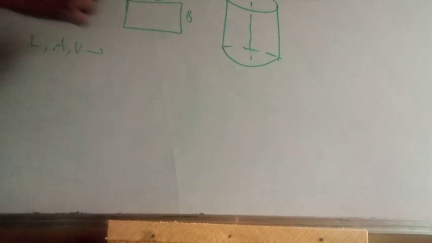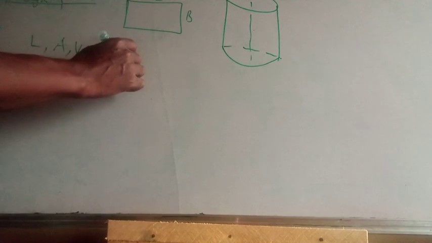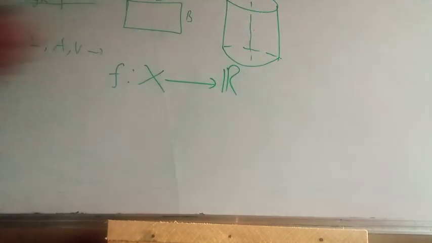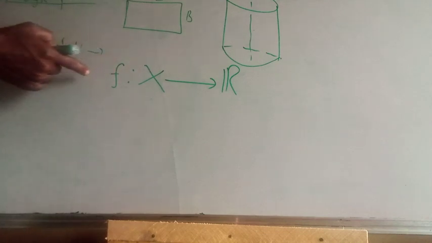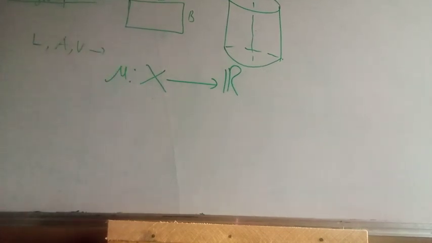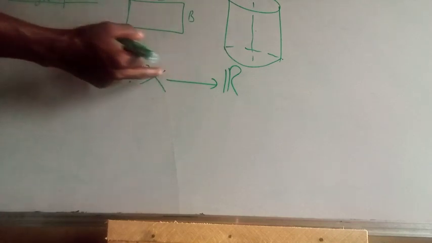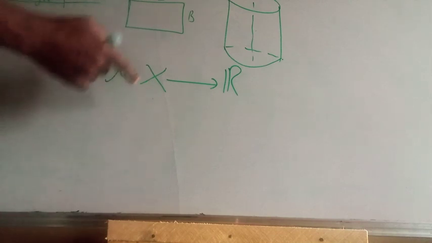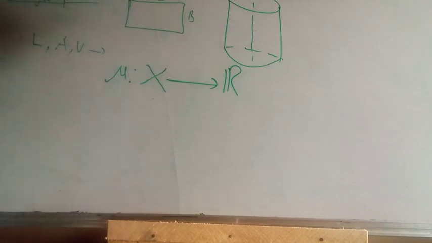For example, say you have a function, just an example, and you have a set X, and this is the set of real numbers R. If this is a measure, I'm just citing it as an example, but basically we use this symbol to represent a measure. This measure of this particular set X is going to assign a non-negative number.